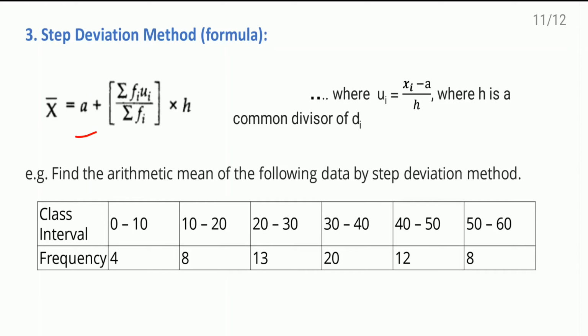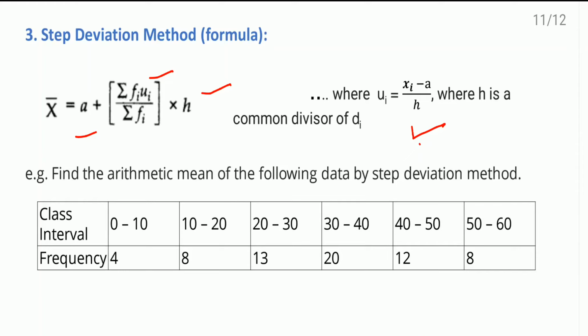So here instead of di we have written ui, and one more thing, into h. Now what is the meaning of ui here? Ui means xi minus a divided by h, where h is a common divisor of di, or you can say most probably we take h as the class size.